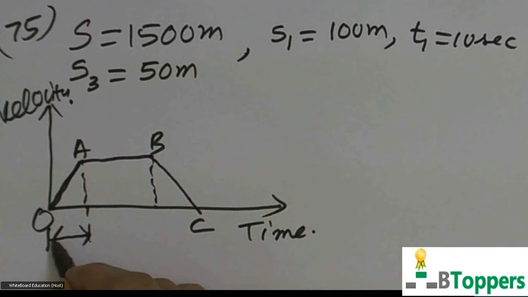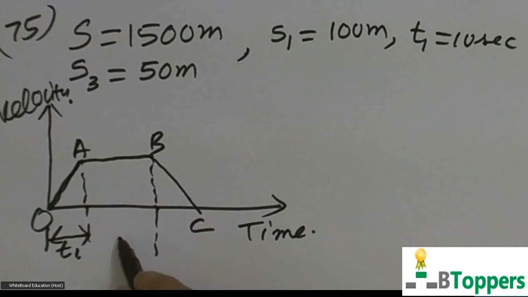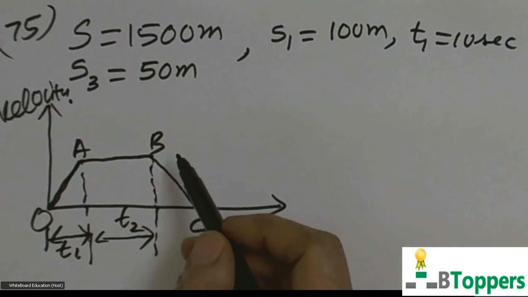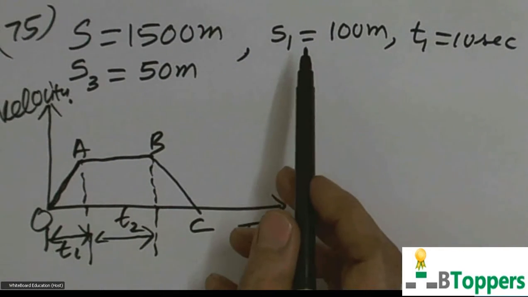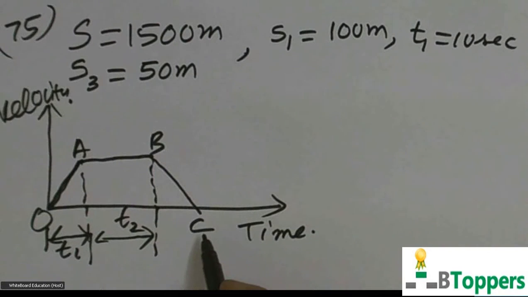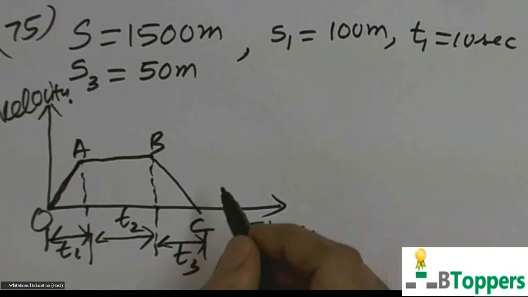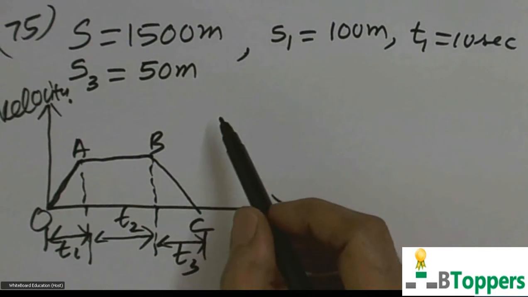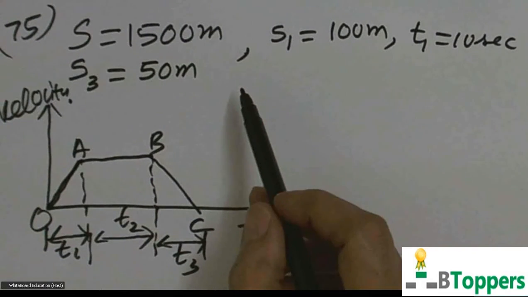That is almost the method of the previous problem, partly repeated here. T1 denotes the time for which it moves with uniform acceleration for the first part of the journey, during which it has covered 100 meters. T2 is the time for which it moves with uniform speed equal to the maximum speed. And T3 is the time for the last part of the motion. You're asked to find the total time of motion.